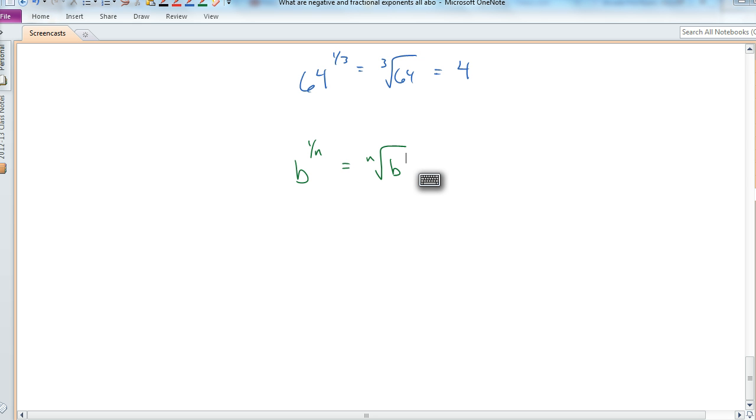And finally, let's just summarize a little bit here. When we say the square root of 64, we're really saying, how do I get from 1 to 64 multiplying twice by the same thing? And you can see that I have to multiply by 8, and multiply by 8 again, to get to 64.